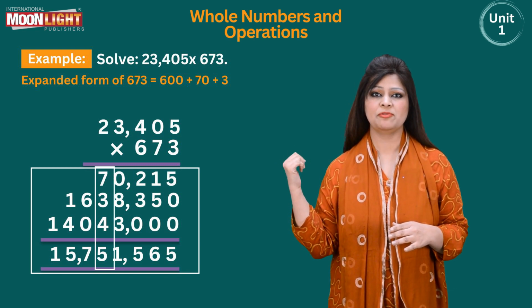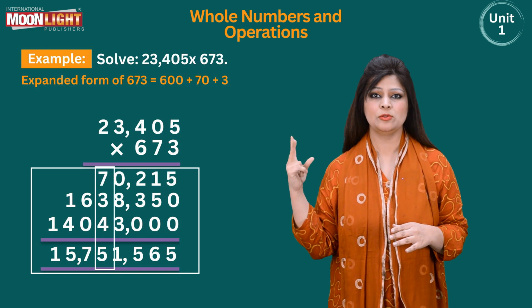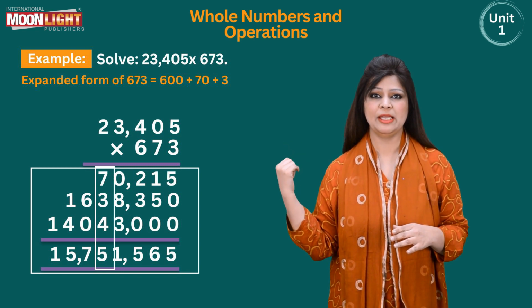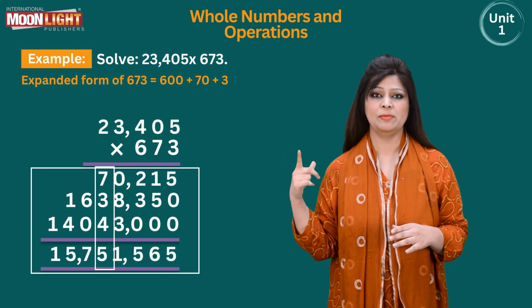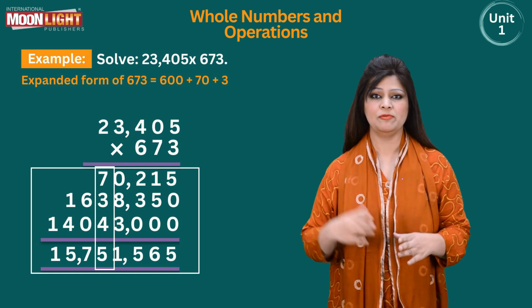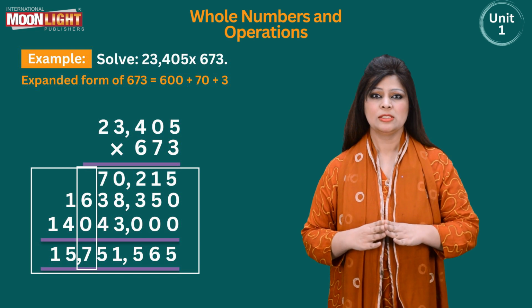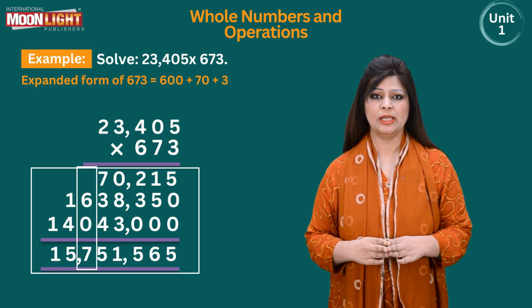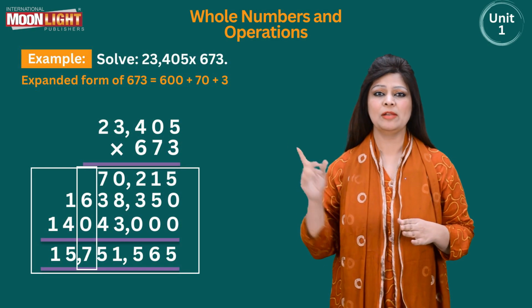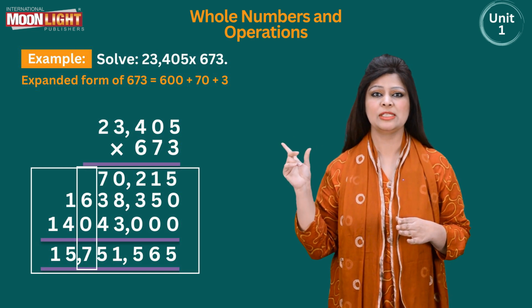I will put this 5 over here as this is a 2-digit number. So 5 will be here and again this 1 will be carried where? Now this 1 will be carried on the top of the number 6. Now 6 plus 0 is 6, plus 1 which is carried over here. So this is 7.